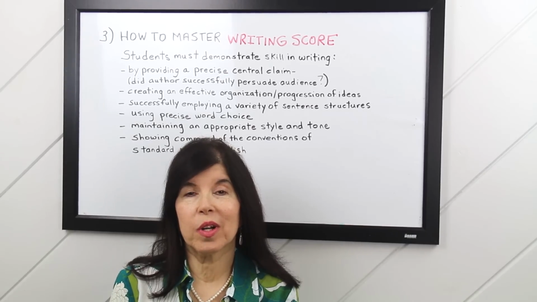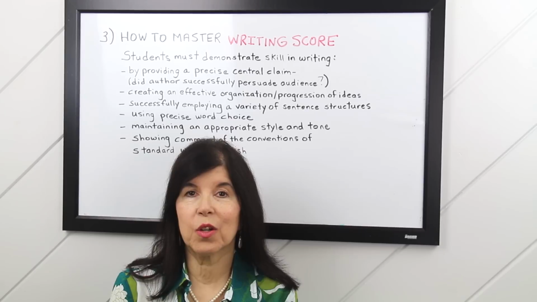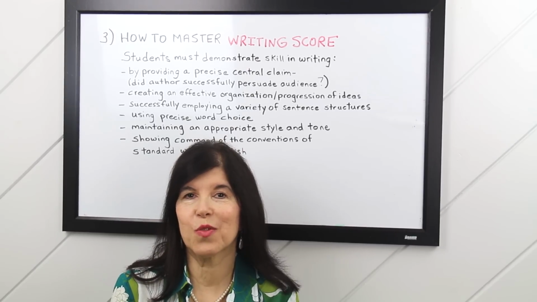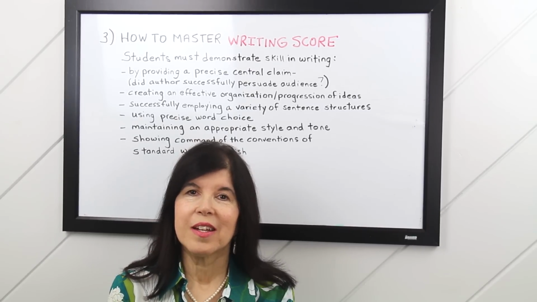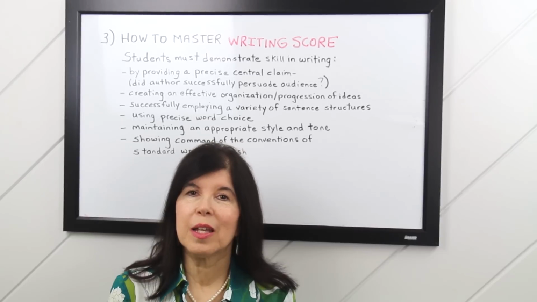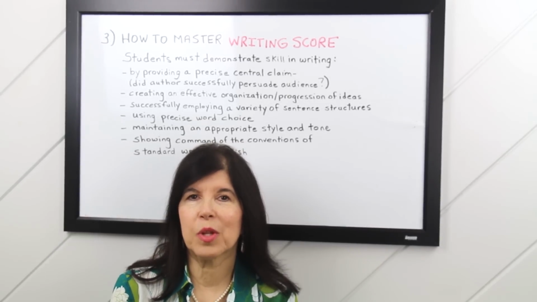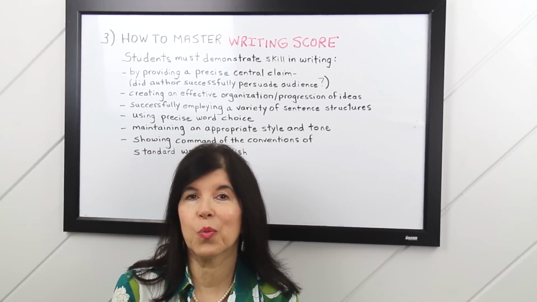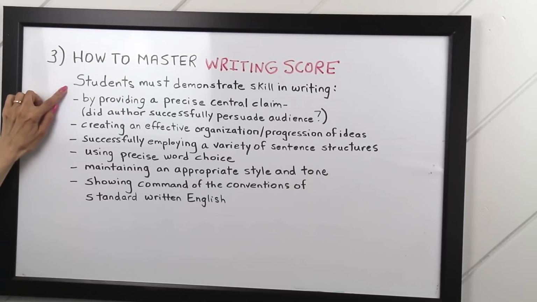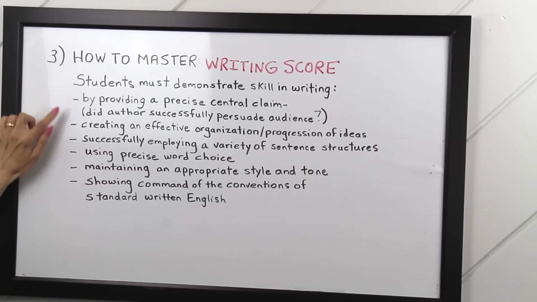The writing score encompasses all the writing, grammar, and punctuation skills that you've acquired through school. Now you can put them to good use. Let me show you the most important elements that will help you gain a 4 on your writing score. Students must demonstrate skill in writing by providing a precise central claim.